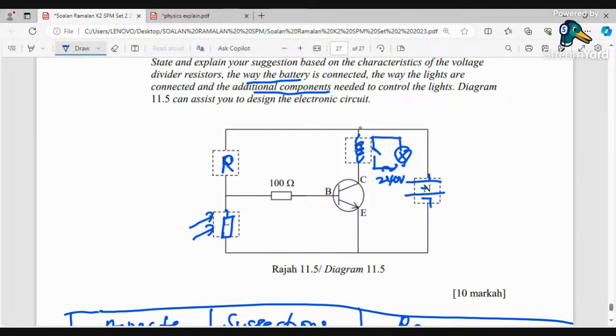Okay, dapat macam ni. So ini panggil secondary circuit. Ini ialah relay.